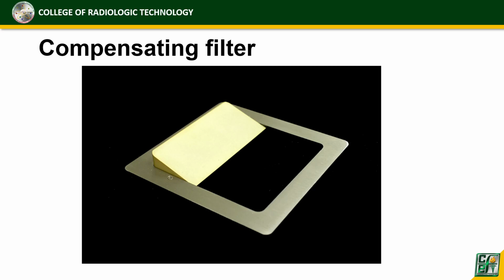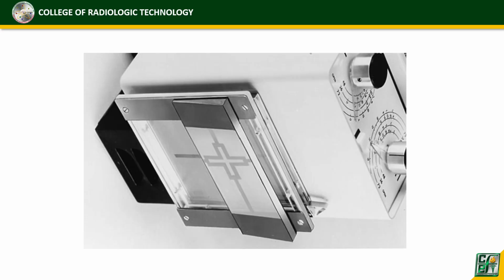So yan ay nilalagay sa ating X-ray tube. Okay. So yan yung compensating filter. Okay? So ang collimator, okay, with collimator, nandito yung ating beam restrictor. Okay? Nandito ating beam restrictor sa loob nito.